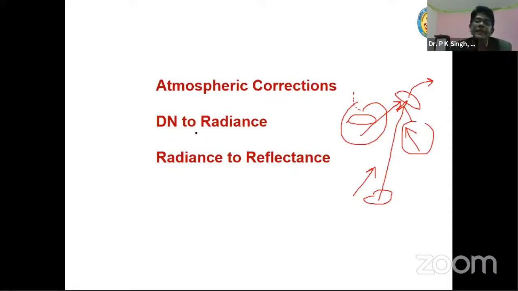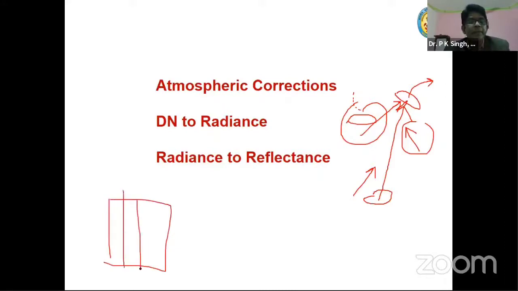Suppose you are interested in only reflected data. So from DN data, what is DN data? When you download any data, it is written in the form of DN values. As I told, X, Y, Z, where Z is the DN value. This DN value depends on the radiometric resolution. Suppose it is 8-bit, so it will be from 0 to 255. Suppose here it is 100.